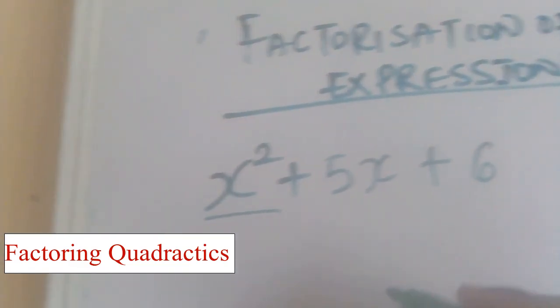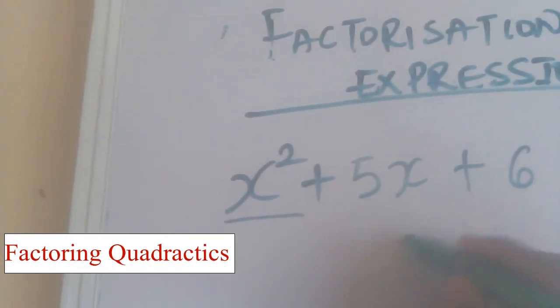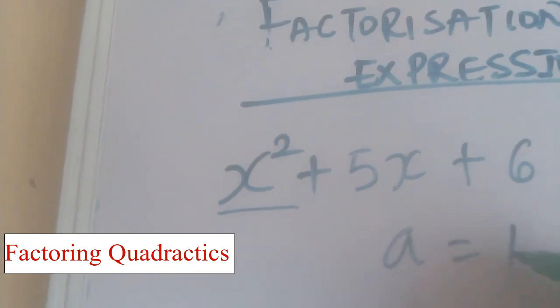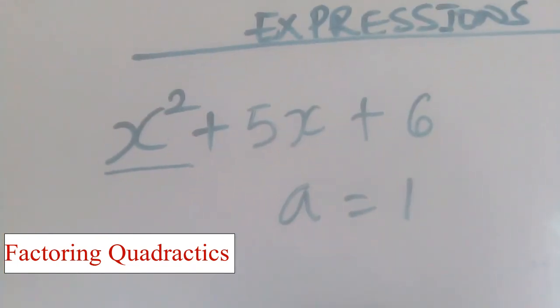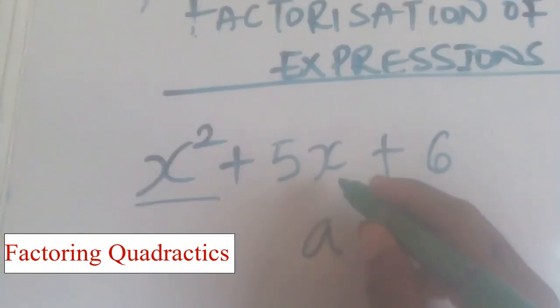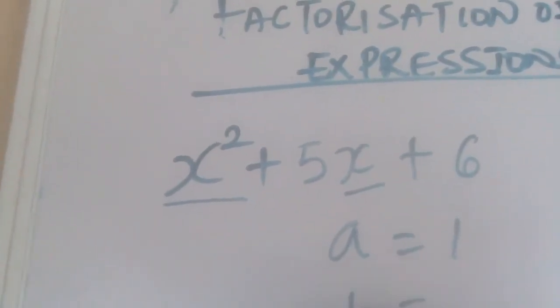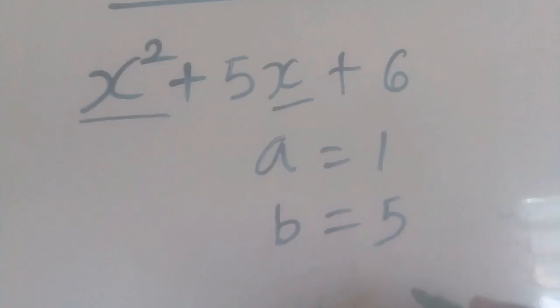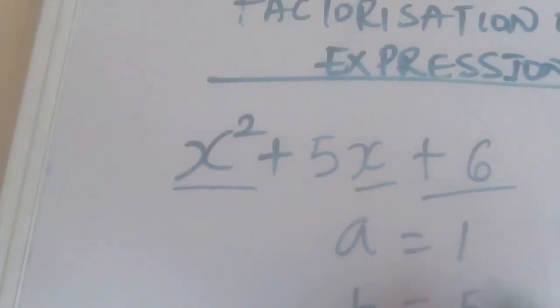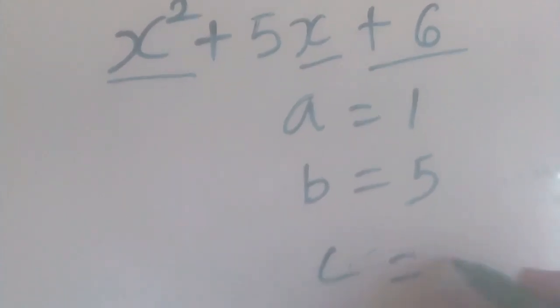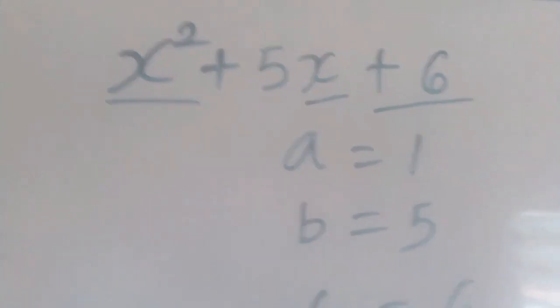We can see that the coefficient here, a, is equal to 1. And look at the coefficient of x here. You can see that b is equal to 5. And we look at the constant number here, which is c, equal to 6.